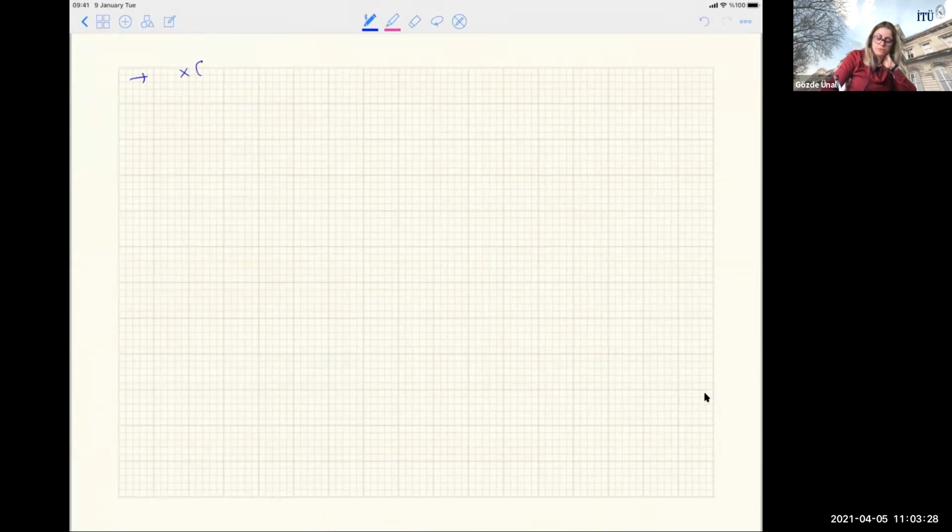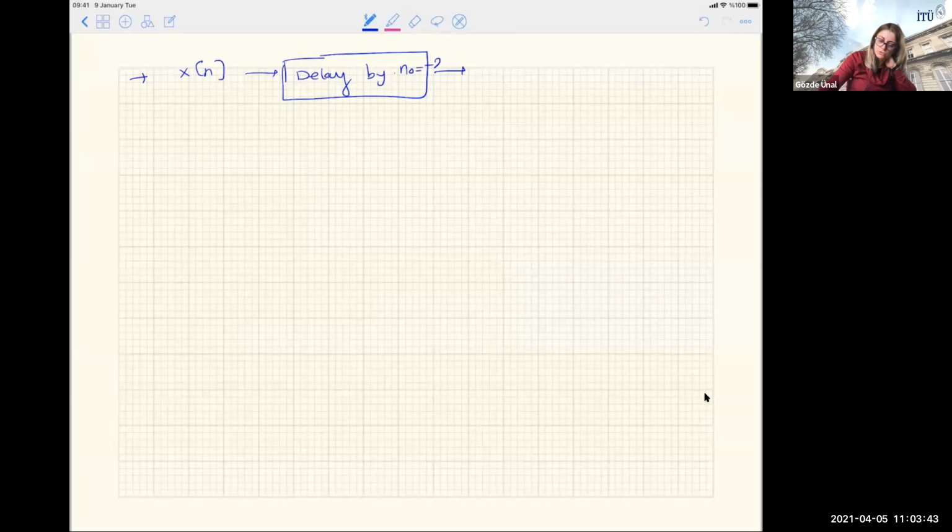So, for instance, x of n goes in, delay system. This time n0 is -2, so it's really x of n+2. Now, for instance, let's say x of 2 goes in this time. We want x of 4 at the output.